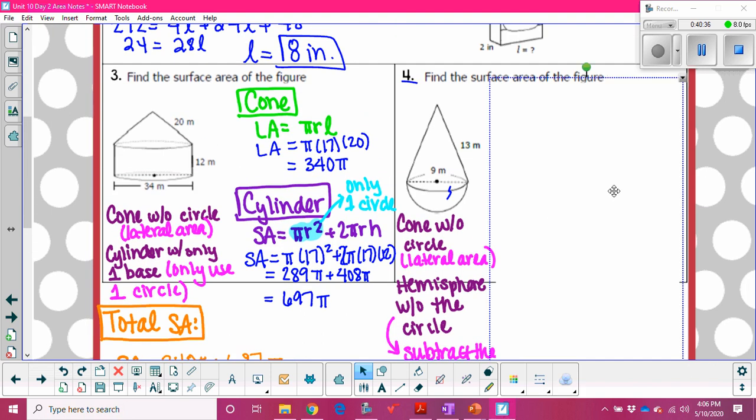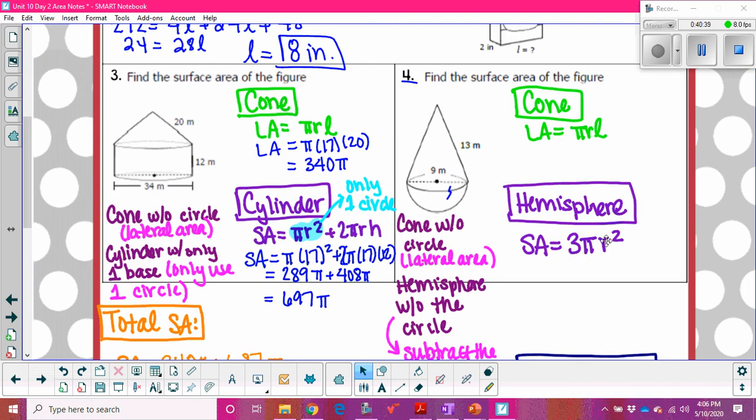Okay, so looking at this, we have the lateral area of the cone, which is all we need to find, so we don't need the circle part. Okay, so the radius of this, we know the diameter is 9, so the radius is 4.5 because that's half of 9. So the lateral area is pi times your radius, which is 4.5, times the slant height, which is 13.